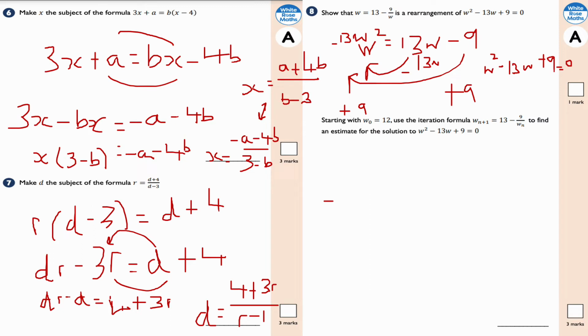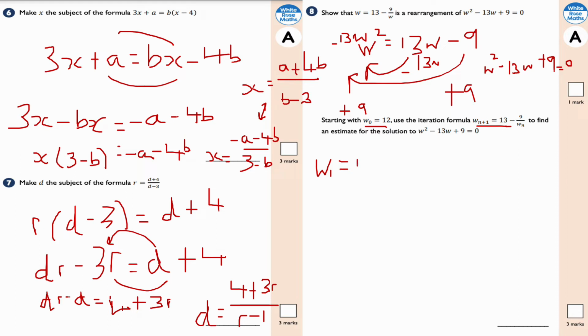Show that W0 equals 12. Starting with W0 equals 12, use the iteration formula Wn plus 1 equals 13 minus 9 over Wn to find an estimate to the solution of W squared minus 13W plus 9 equals 0. So W1: when n is equal to 0, I'm going to sub it into here.